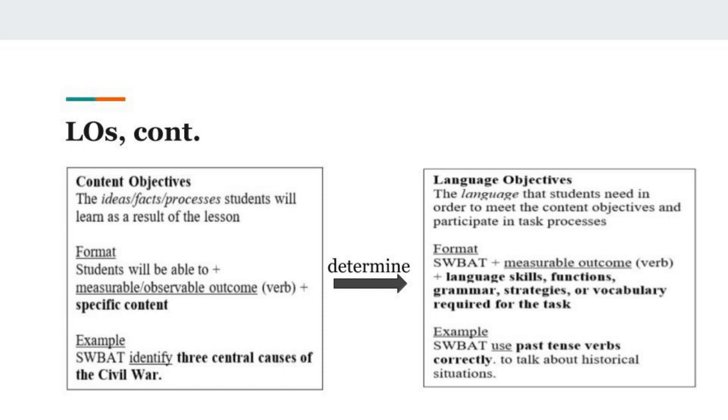Part of a student's meeting of identifying three central causes of the Civil War is talking about the past. And this is a language ability that we need to make sure that the students have in order to be able to meet the content objective. And the purpose of a language objective is basically supporting the meeting of the content objective in that way.